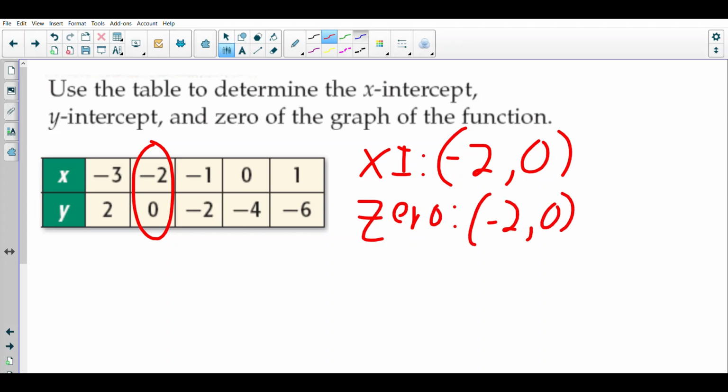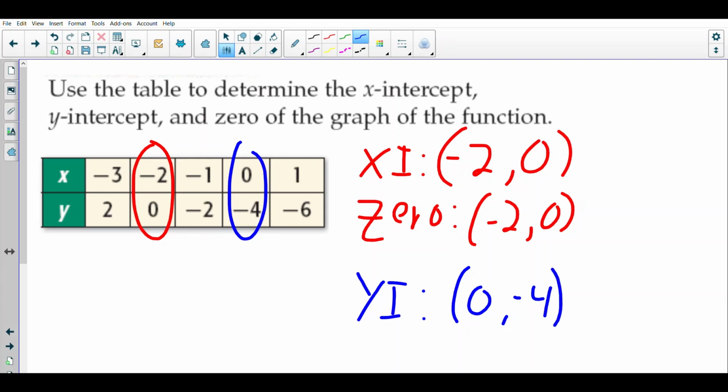All right, and then the y-intercept is when the x value is 0, and that would be (0, -4). So that ends this part of the section.